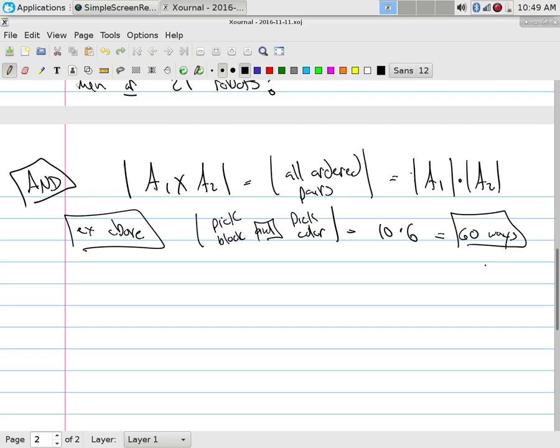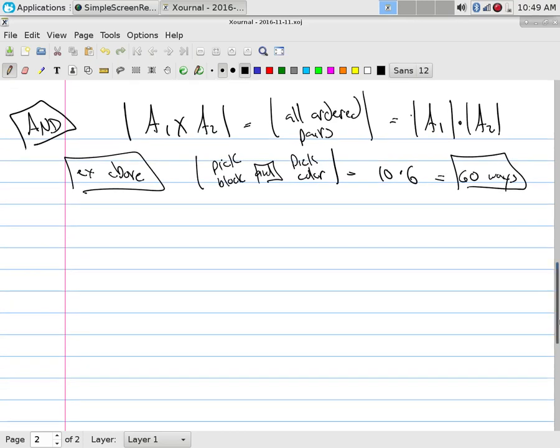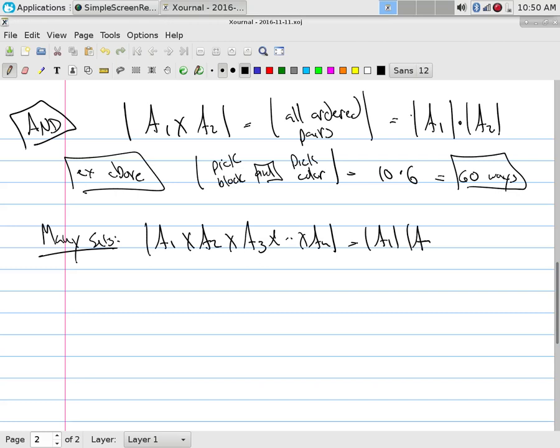We could generalize this to many sets: take something from A1, then take something from A2, then take something from A3, and then take something from AN. That's just equal to multiplying the cardinalities of all of them.